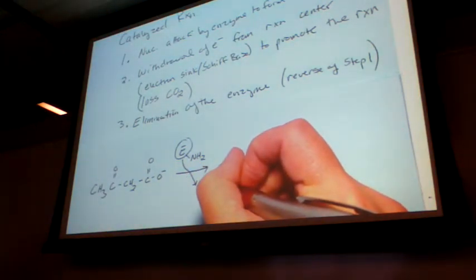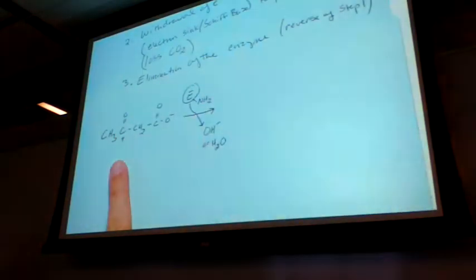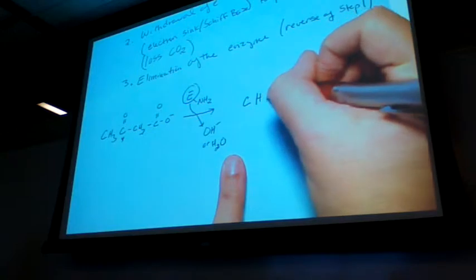And in this case, our something leaving is going to be OH minus or water. And that is what we just drew before on the previous page there, is that formation of the Schiff base. Okay, so instead of the carbonyl, we're going to put in our imine, and it's going to be that carbonyl that is attacked. So then I get my Schiff base.